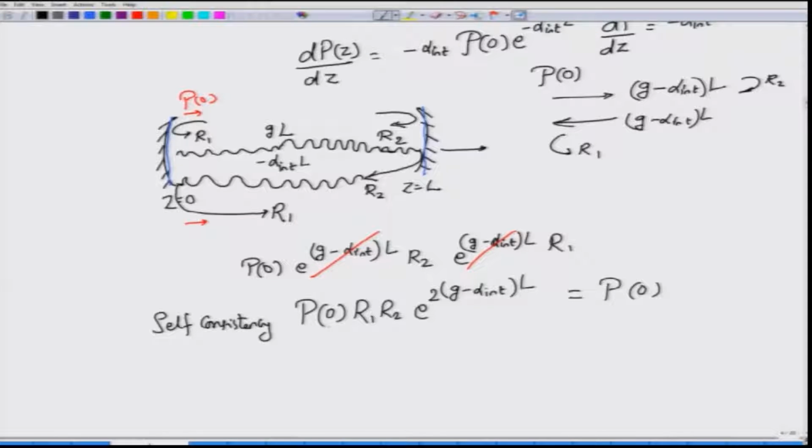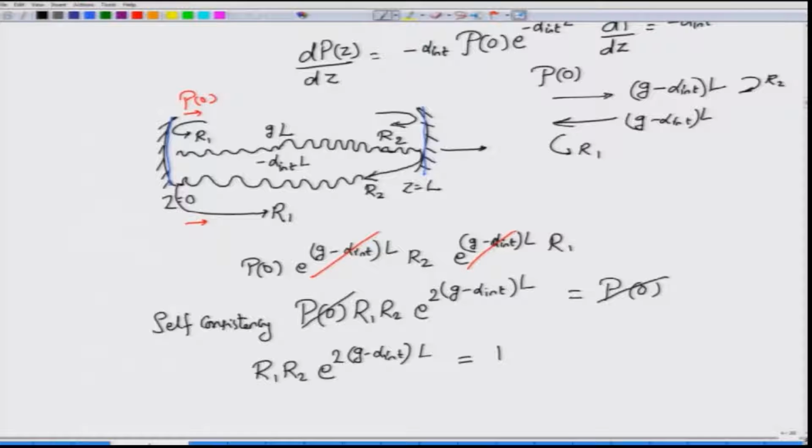So for oscillations to be sustained, it is necessary that this power must be equal to the power P of 0. From this you can cancel P of 0 and arrive at a relation which is R1 R2 e to the power 2 times g minus alpha int times L must be equal to 1.